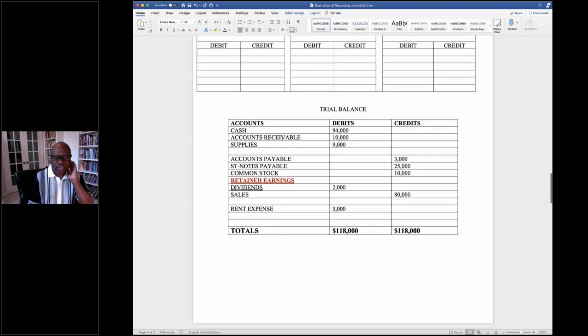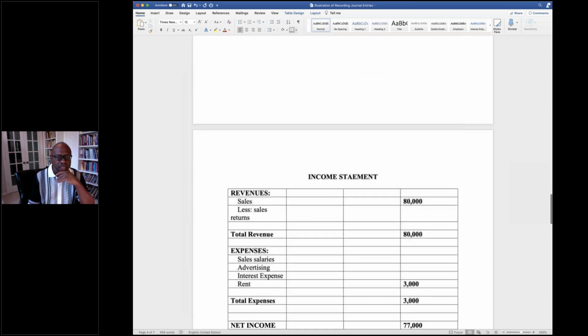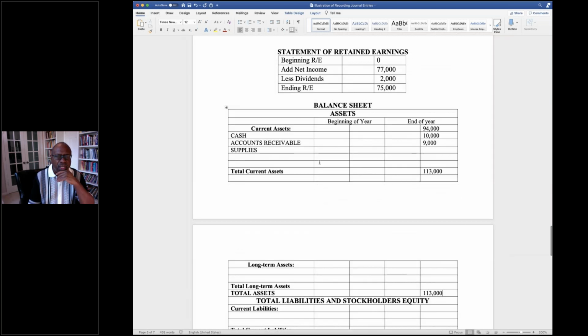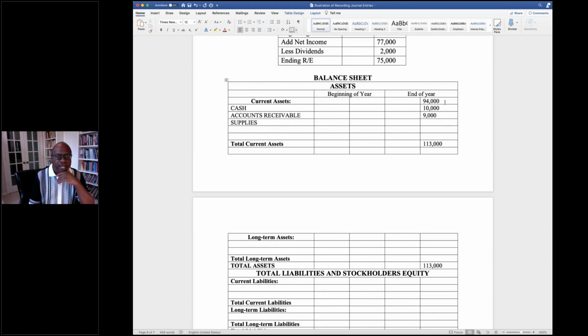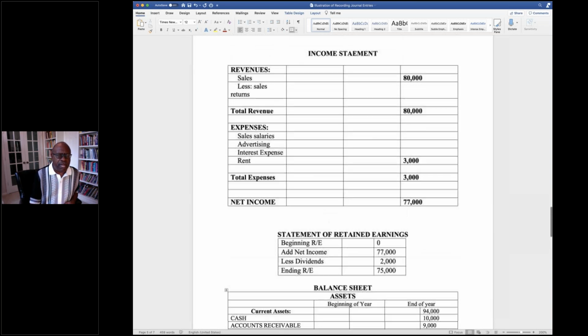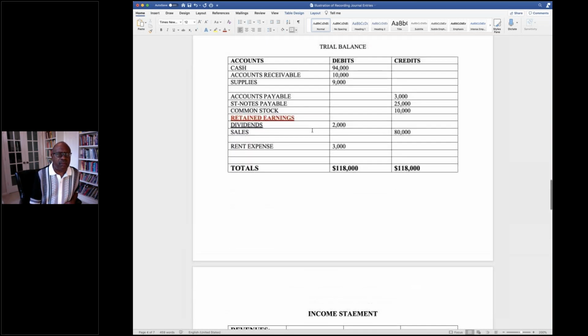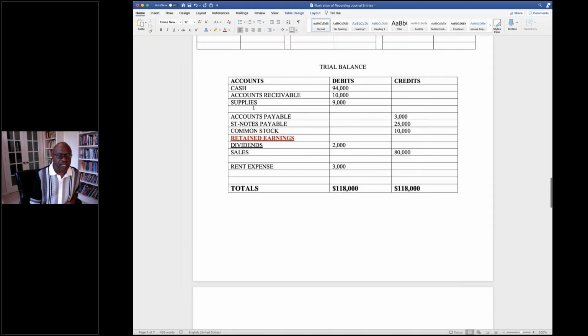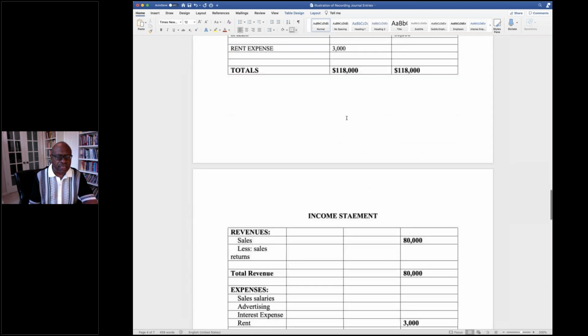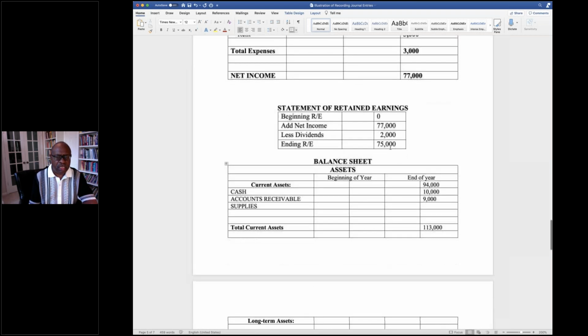Once you finish all your assets, put that space in there, and you know everything above this. We didn't have any long-term assets, but if they were there, and we'll get to that, they would come down here, total assets. So in preparing your trial balance, leave a space for the assets. Everything from the assets on up will go on the left side of the balance sheet, or the top of the balance sheet.